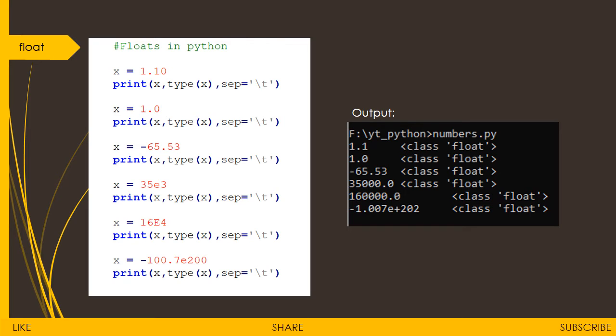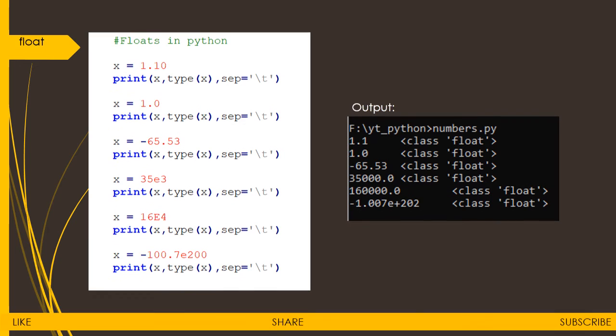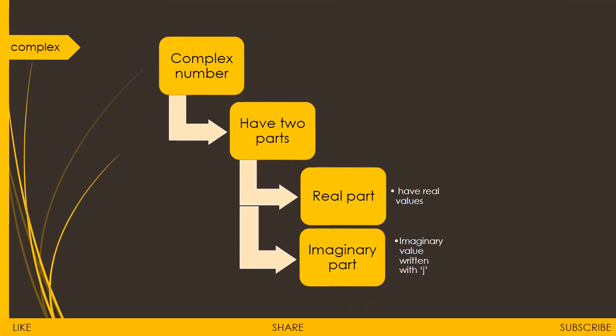Now you can give negative value, which is our last example, minus 100.7e200, which means minus 100.7 into 10 raised to 200. Now let's go to learn about the complex number.